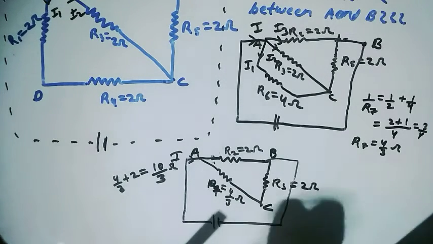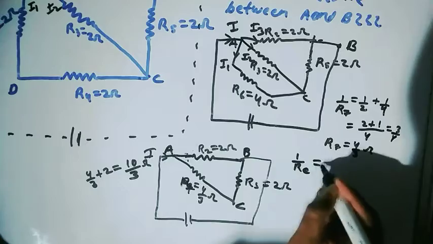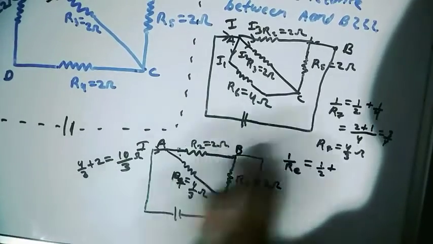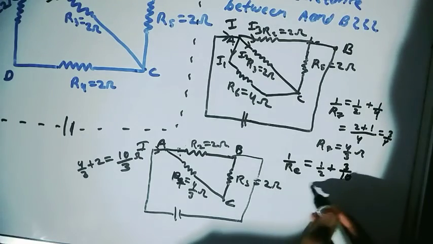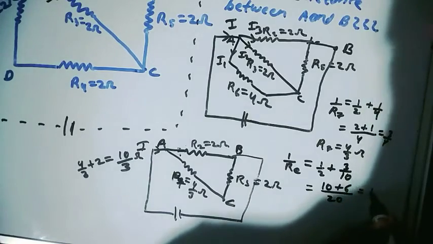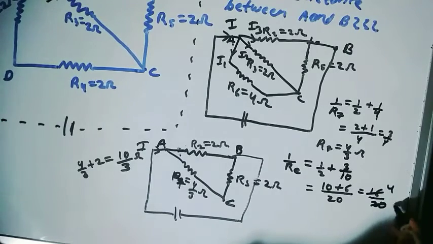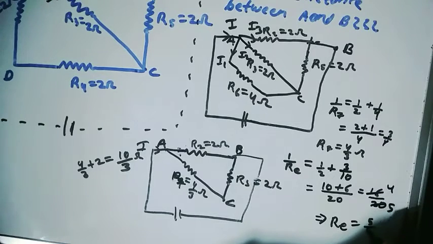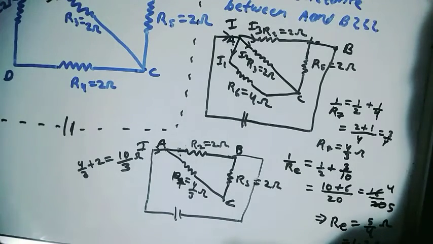So the effective resistance 1 by R equivalent will be 1 by 2 plus 3 by 10. Taking 20 as LCM, that is 10 plus 6, which is 16 by 20, so R equivalent is equal to 5 by 4 ohm, which is 1.25 ohm.